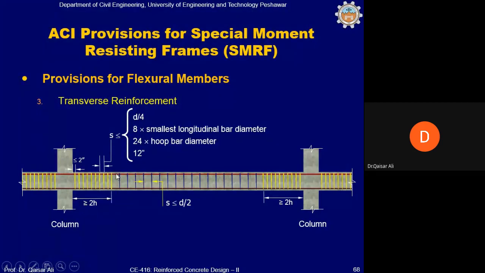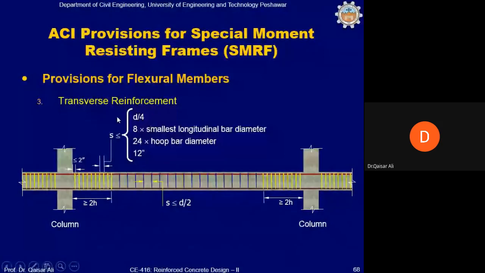For example, if the beam is 2 feet deep, 2 multiplied by 2 is 4 feet. In this 4 feet length from the face of the column on both sides of the beam, the stirrups shall be placed according to this requirement.